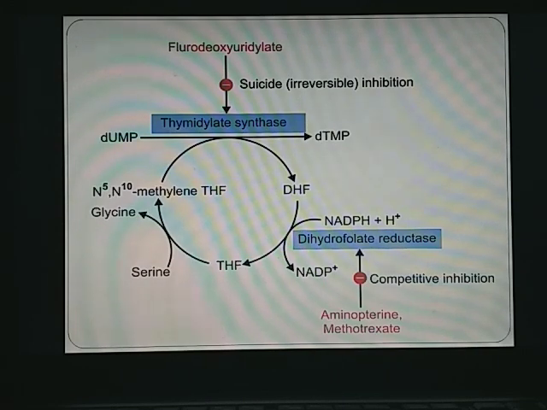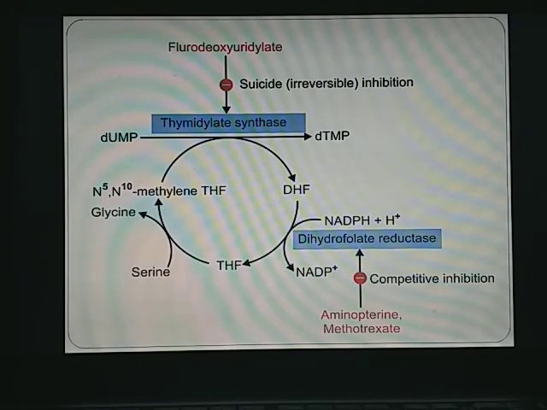Then the second enzyme is dihydrofolate reductase. This is the enzyme which converts dihydrofolic acid to tetrahydrofolic acid by utilizing NADPH plus H plus. So dihydrofolate reductase is inhibited by anti-cancer drugs like aminopterin and methotrexate by competitive inhibition.